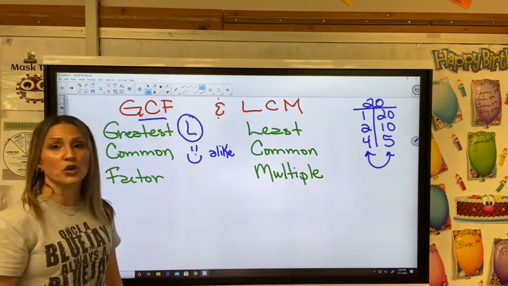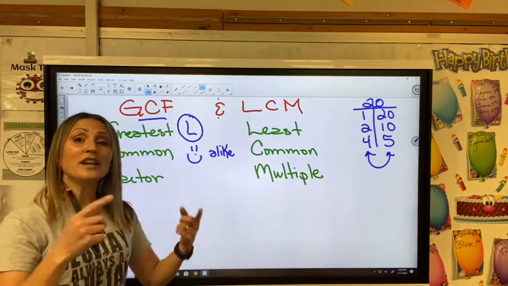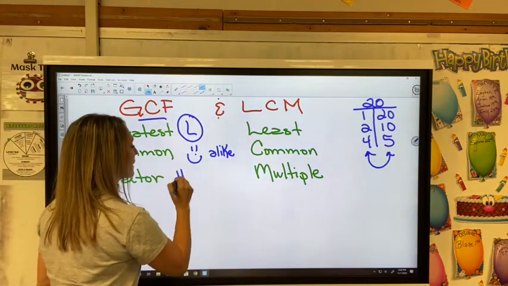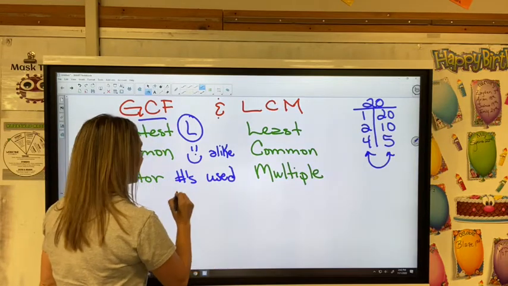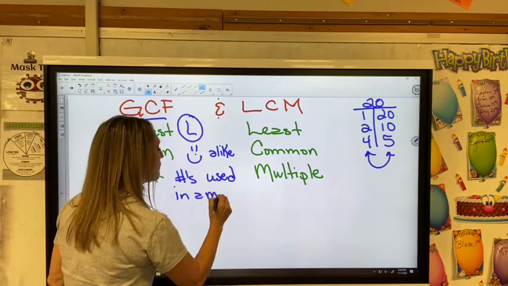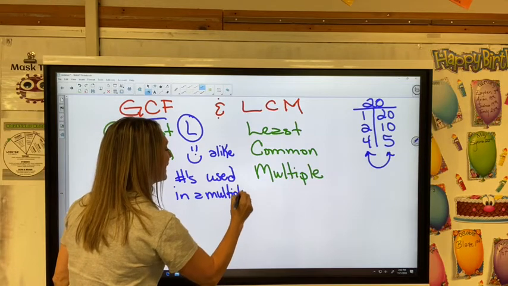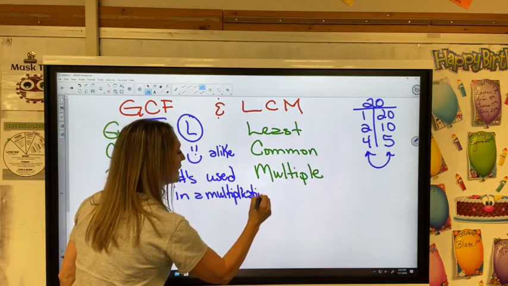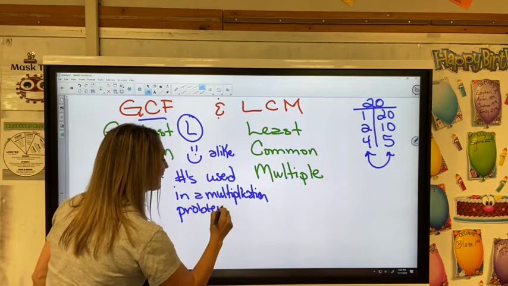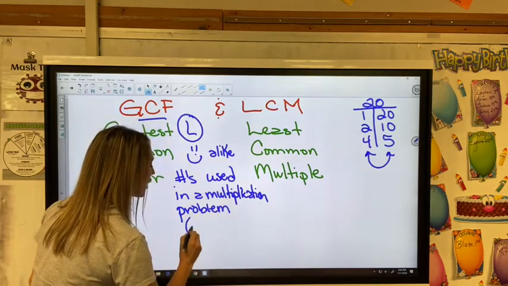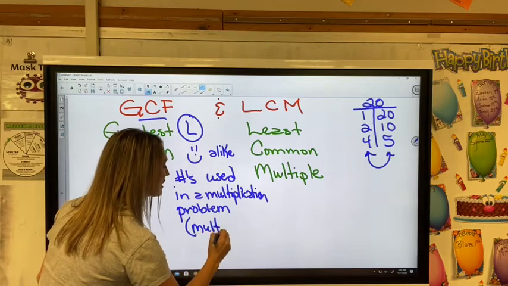And factors, of course, ladies and gentlemen, are the numbers used in a multiplication problem. And what many kids like to call those is your multiplication facts.